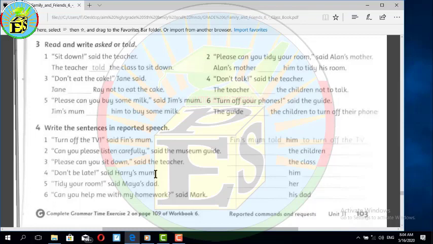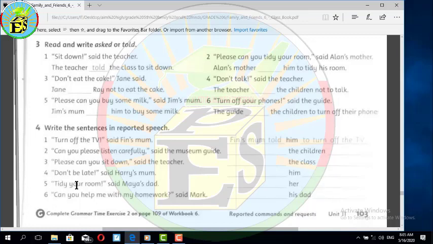So, Harry's mom told him not to be late, because here it begins with don't. We will join it with not to be late.